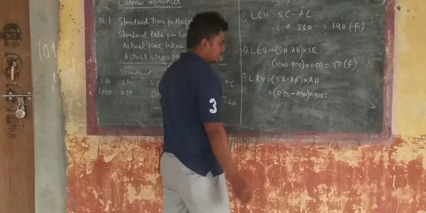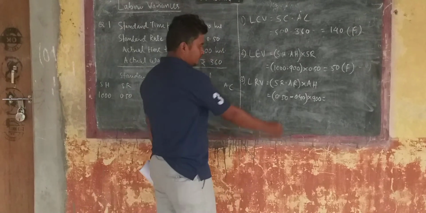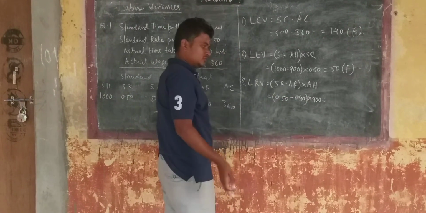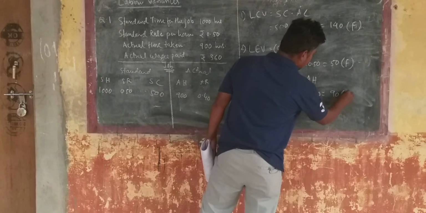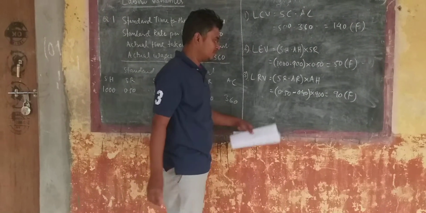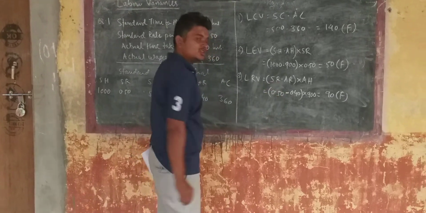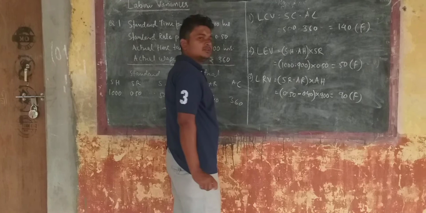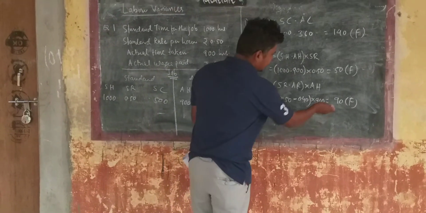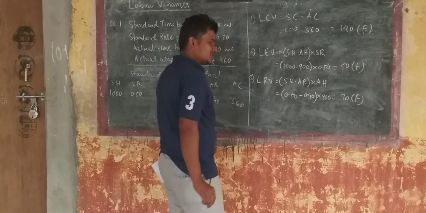So the calculation: 0.5 minus 0.4 is 0.1, into 900, is 90. Again this variance is favorable. Why? Because the standard rate we decided is 0.5, but the actual rate we paid is 0.4, so we paid 0.1 less. That's why this amount is saved. So all these variances are favorable.